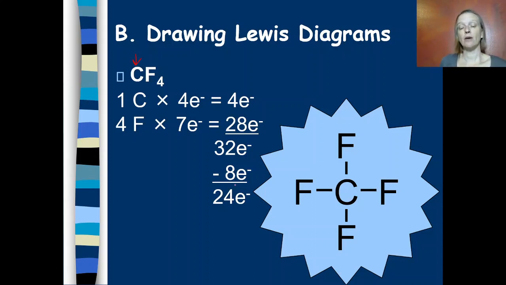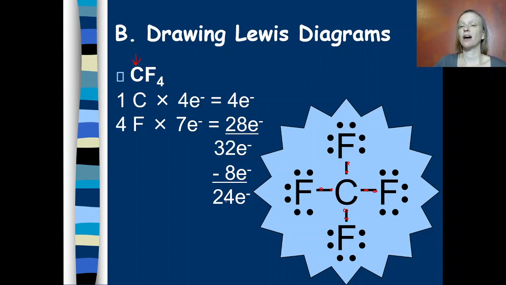Step 4 now is to divide up the remaining electrons so that every single atom gets a full valence shell. Carbon here already has a full valence shell because we've got 1, 2, 3, 4, 5, 6, 7, 8 electrons around the carbon. So now I just need to fill in around the fluorine.